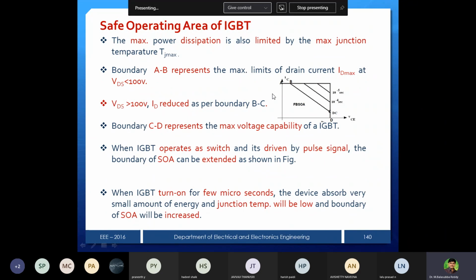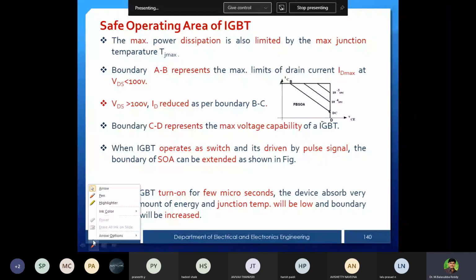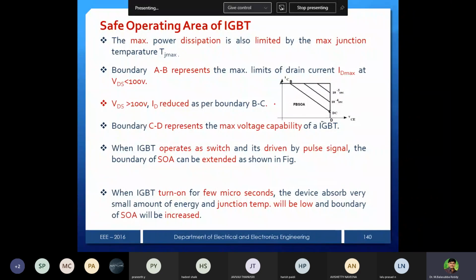This we can see in the diagram. In the forward bias condition, maximum power dissipation is also limited by the maximum junction temperature. In region AB, this portion represents the maximum limit of the drain current. It should not go beyond this, and this is the case when the voltage is less than 100 volts.